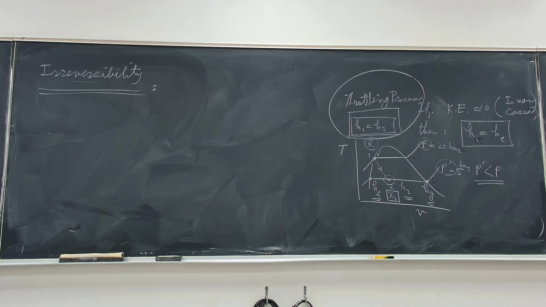Therefore this process is irreversible. Almost everything in nature is irreversible. Burning fuel, right? You can never go back to the initial state. It's now hydrogen and oxygen. This is an irreversible process.